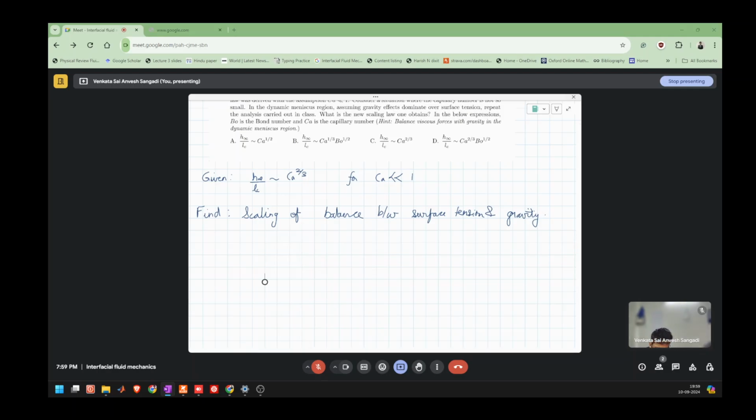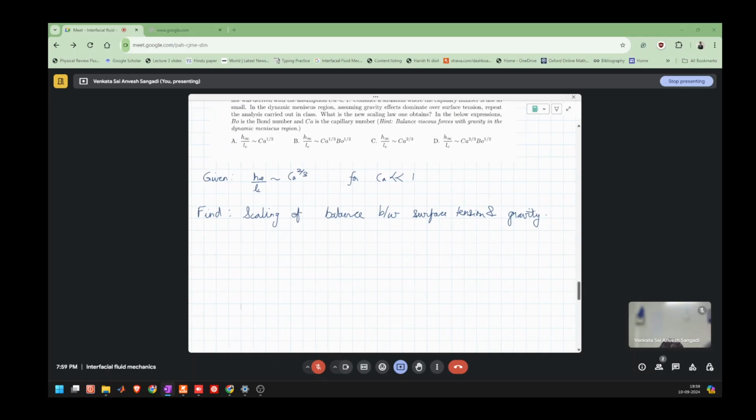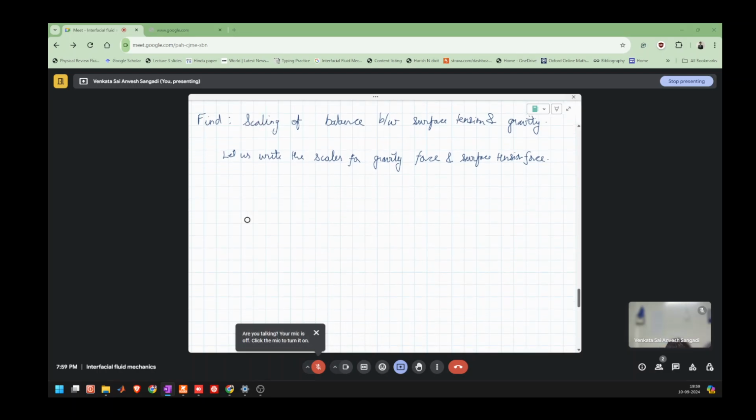So the scale for viscous forces is... So first we'll write down the surface tension force. Oh, okay.